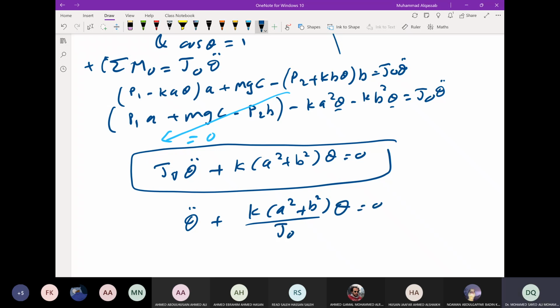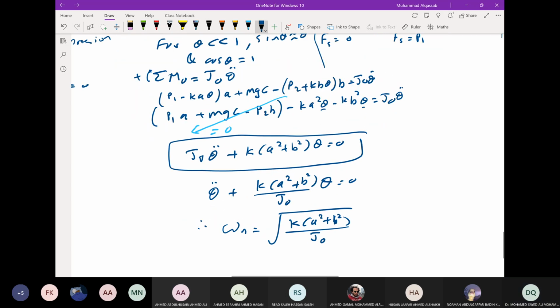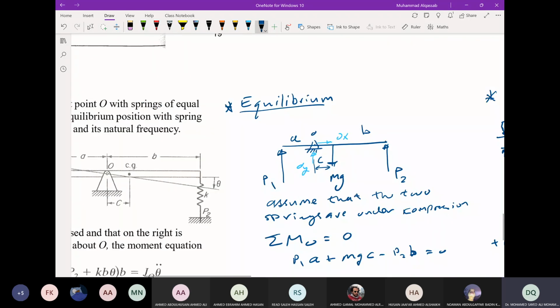This is the final form of the differential equation, in which the coefficient of theta is omega n squared, so omega n equals the square root of K(A squared plus B squared) divided by JO. This is the equation for the natural frequency.